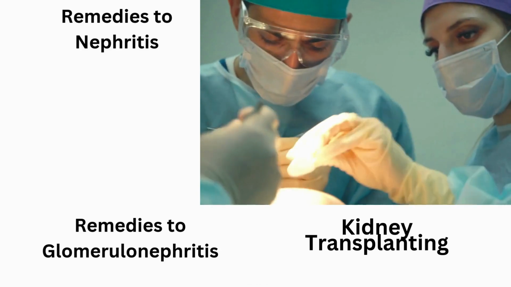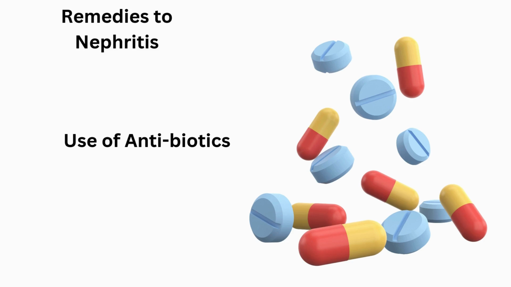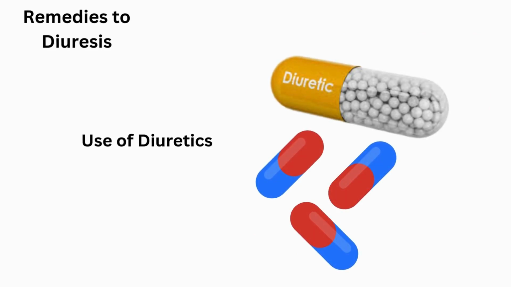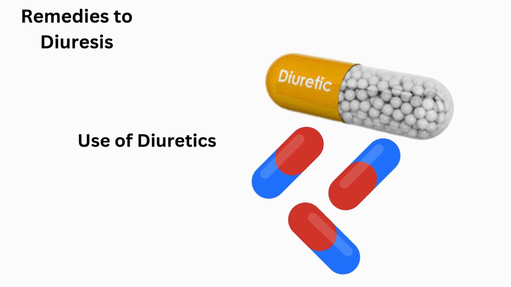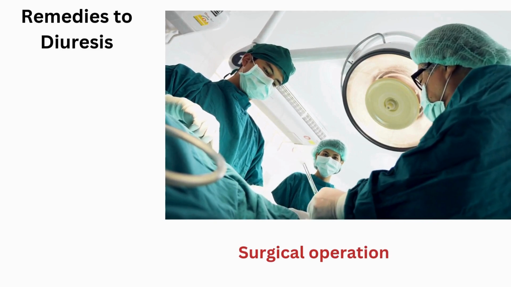Then lastly, use of antibiotics, especially if the nephritis is caused by bacteria. Remedies to diuresis: drugs such as diuretics should be administered to get rid of excess water in the body. Also, a surgical operation could be performed on the patient.